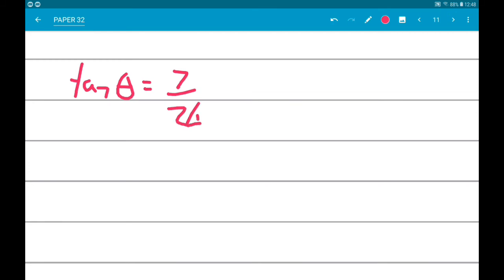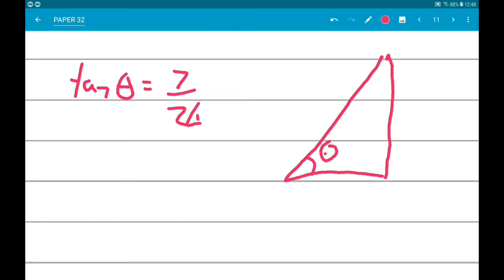So, there's a right angled triangle with an opposite of 7 and adjacent of 24. Now, using Pythagoras on that, we can get the hypotenuse as, well, that's nice, 25.